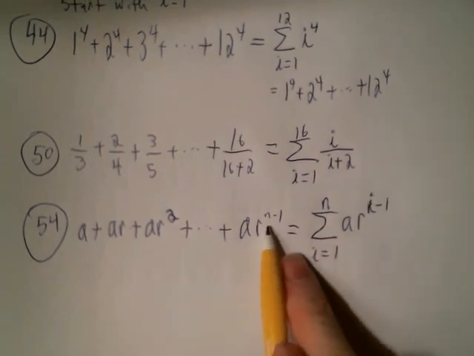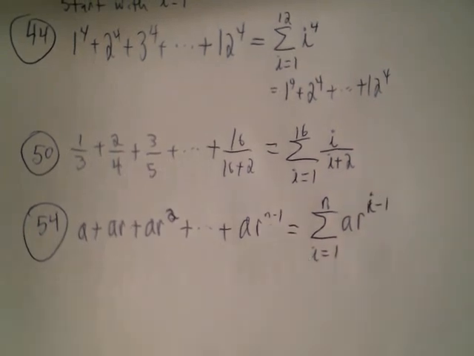That will give me AR to the n minus 1. Okay. So hopefully we'll see those in 10.3. We'll look at the geometric sequence as well as, I guess we will look at series in this class. Okay.